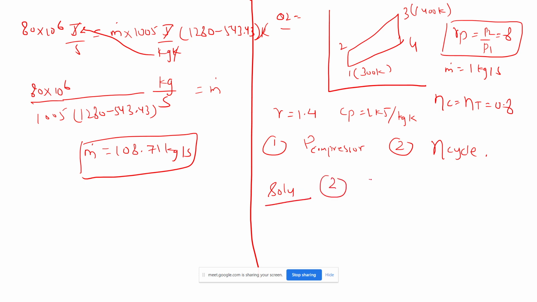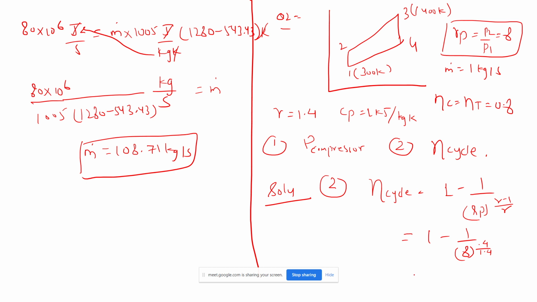What is the efficiency of the Brayton cycle? We have discussed: 1 minus 1 upon rp to the power gamma minus 1 upon gamma. So 1 minus 8 to the power 0.4 upon 1.4.